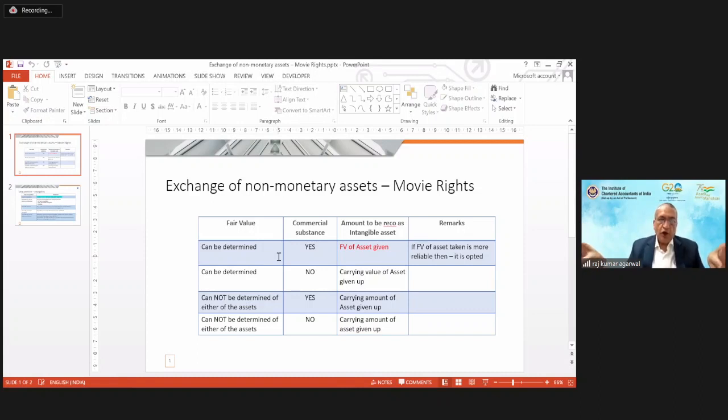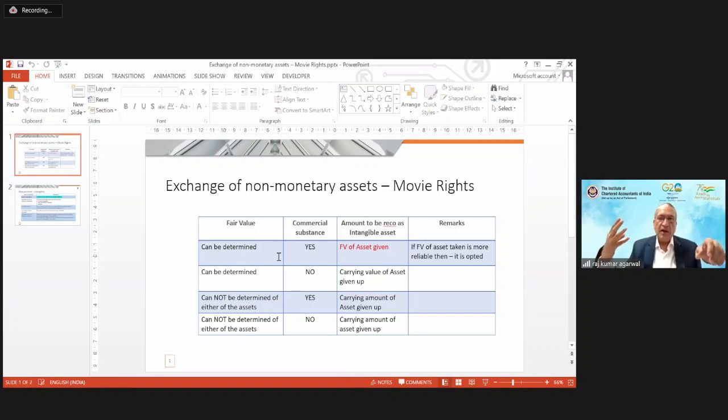Now, interestingly, Ind AS has one more concept in it, which is called commercial substance. Nobody would exchange their asset, particularly in business, if there is no commercial substance. By commercial substance, what we understand is that my cash flow would change, mostly positively, that my cash flow would be impacted if I make this exchange.